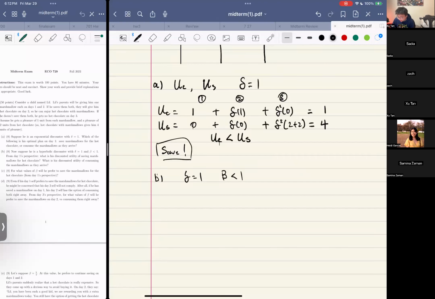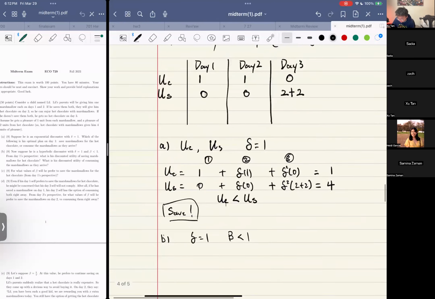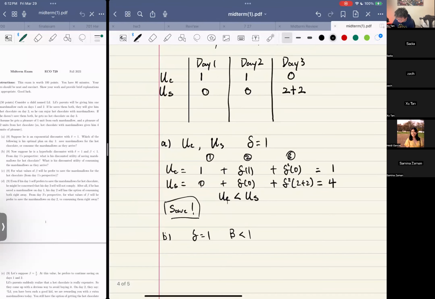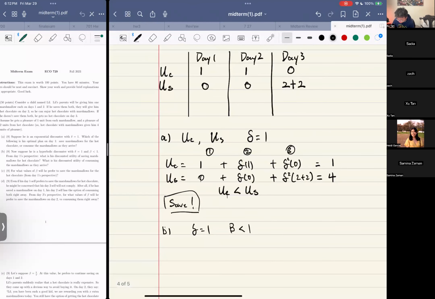From day 1's perspective, what's his discounted utility of saving marshmallow for hot chocolate? So that's U of S.